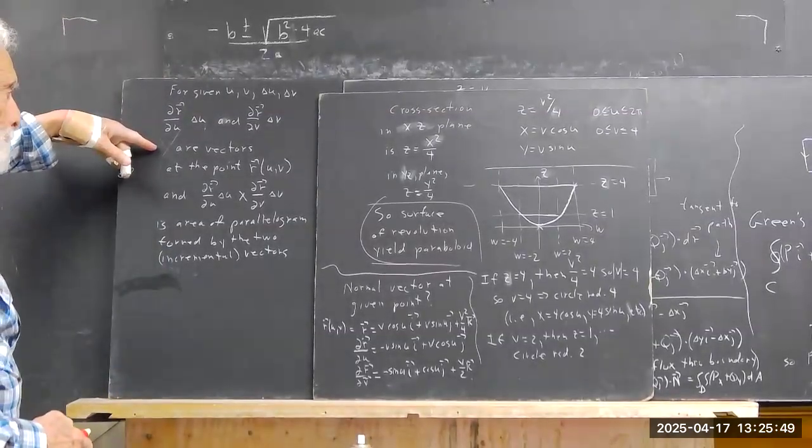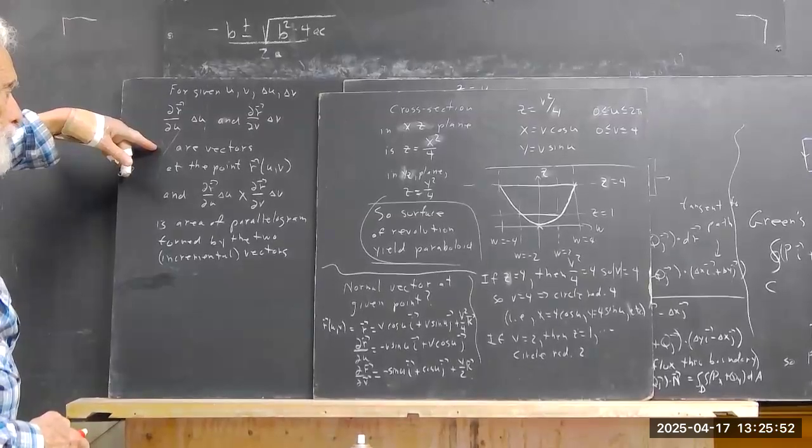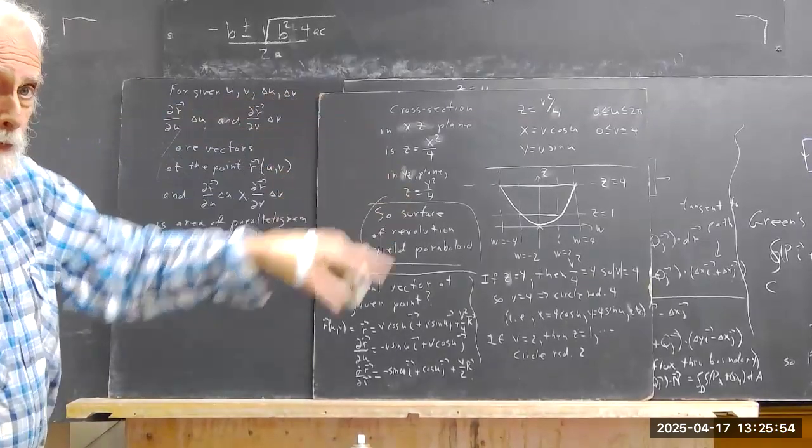So these are vectors. They're going to be tangent to the surface.